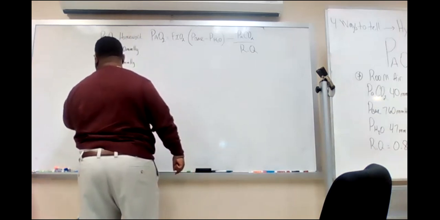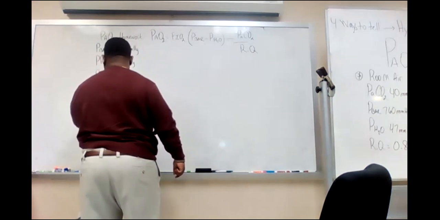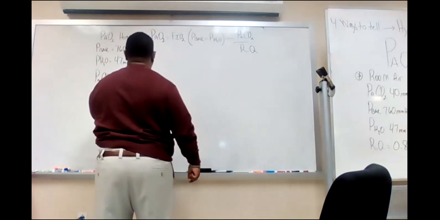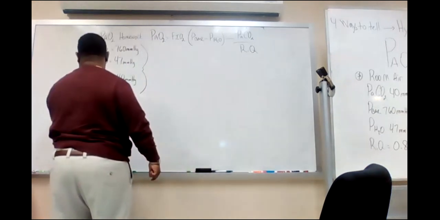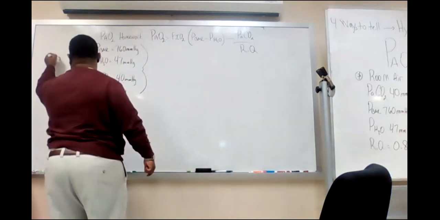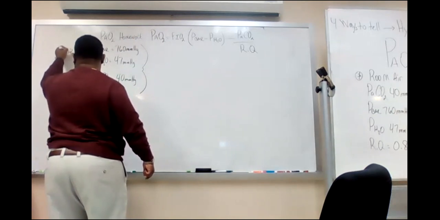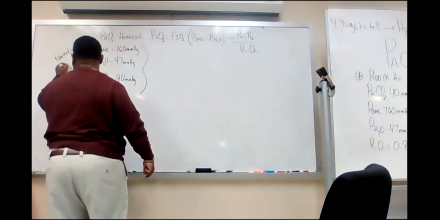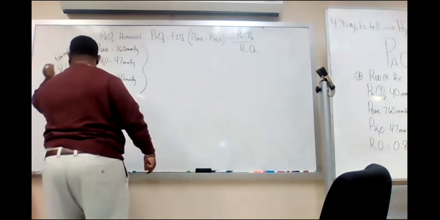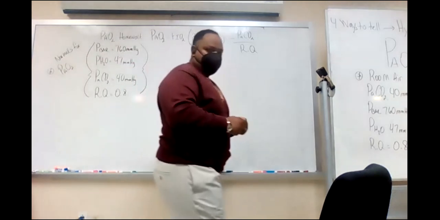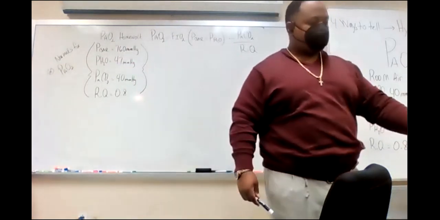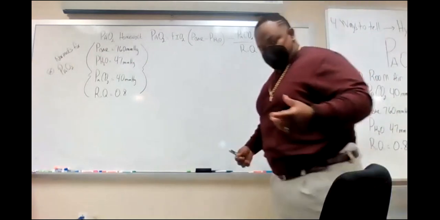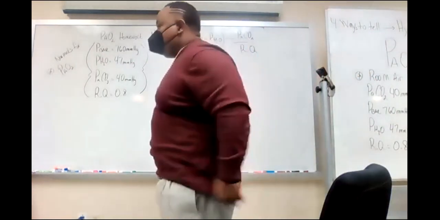And your RQ is 0.8. These are your normals for the pressure of arterial O2. Those are your normals. You use these normals unless they give you another value. Okay? Unless they give you another value.